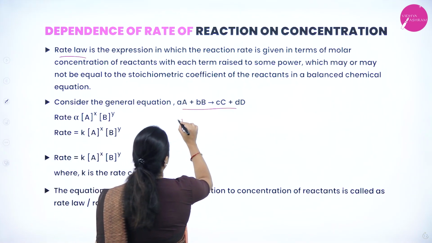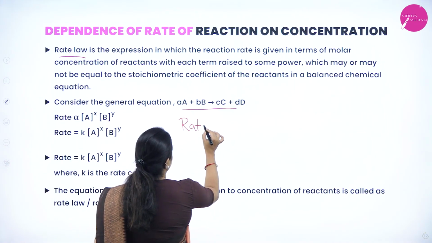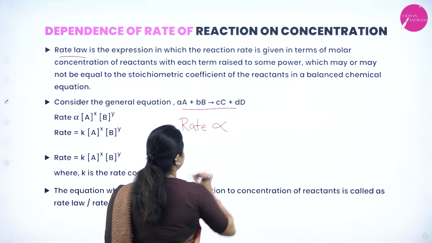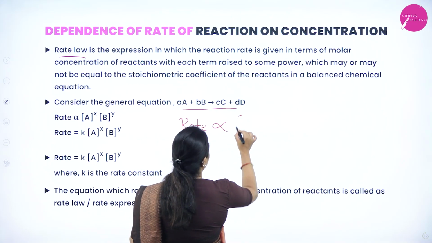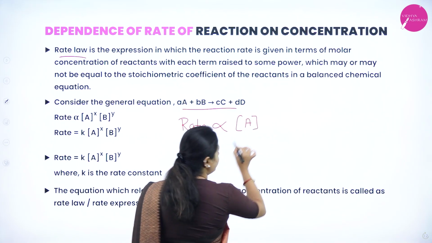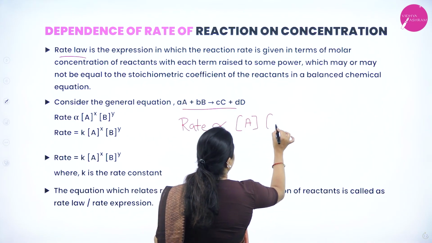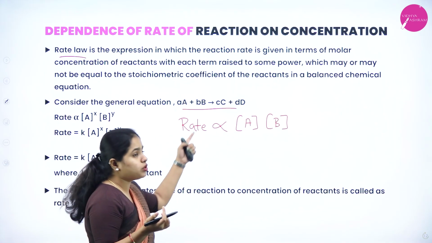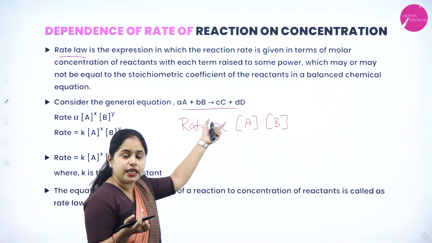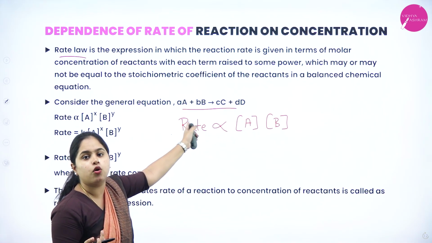So you can write, rate is directly proportional. The rate of the reaction will be directly proportional to the molar concentration of A and B. A and B both are reactants, right? Raised to the power which is equal to the stoichiometric coefficients.